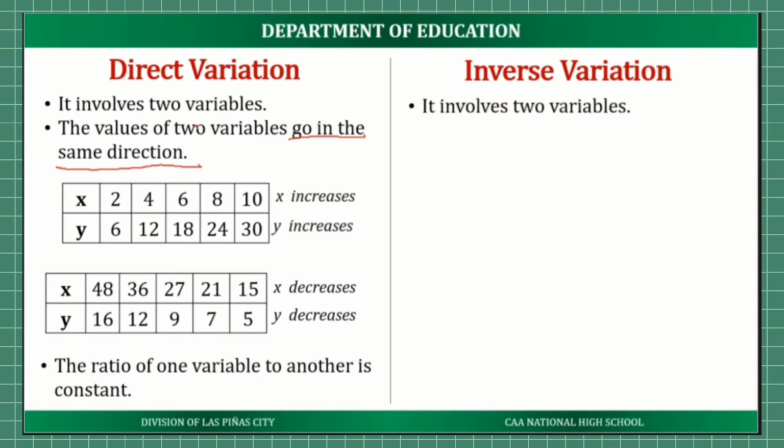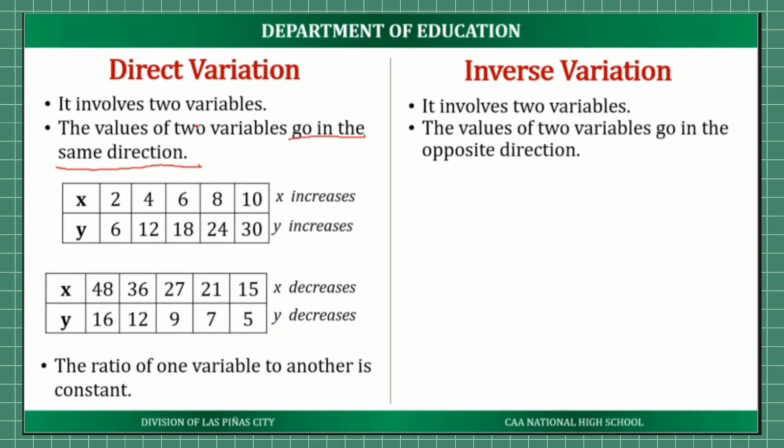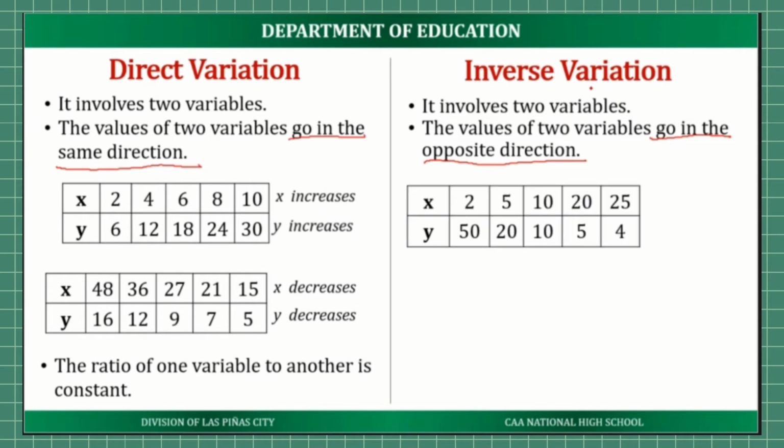Now, let's go to inverse variation. So, inverse variation, it involves two variables, and then the values of the two variables go in opposite direction. Magkaibang direction naman. So, let's have an example. So, we have here the values of x are 2, 5, 10, 20, and 25.